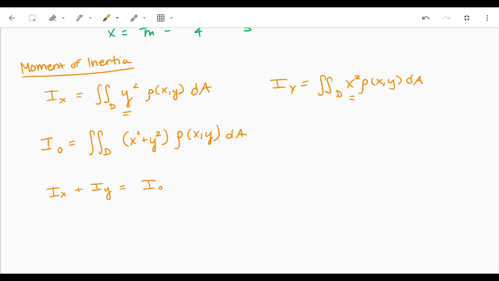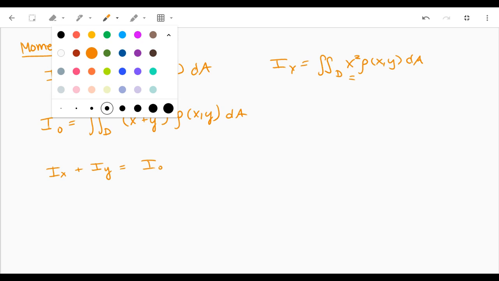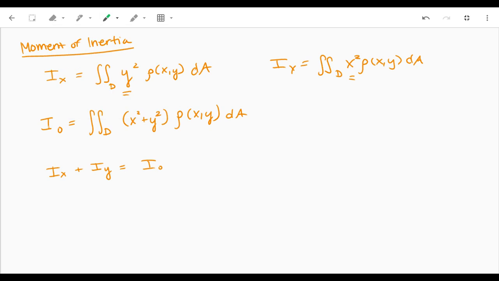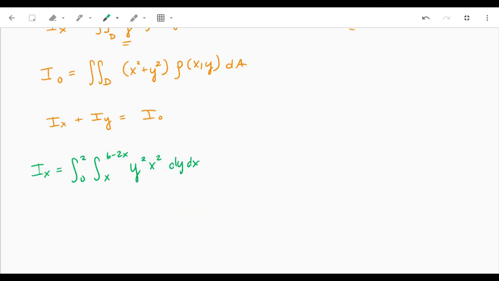Okay. All right, so we are going to do an example, our same one that we've been using in number 6. So our moment of inertia about the x will be the integral from 0 to 2, x to 6 minus 2x of y squared, x squared dy dx. So we'll get that one.